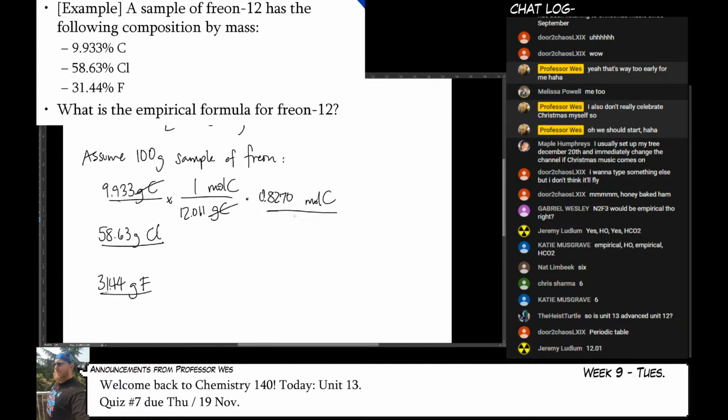All right. Now we've done that, we're going to do the same thing for chlorine and for fluorine. So, grams of chlorine, moles of chlorine. In 1 mole of chlorine, according to the periodic table, there are 35.453 grams of chlorine.